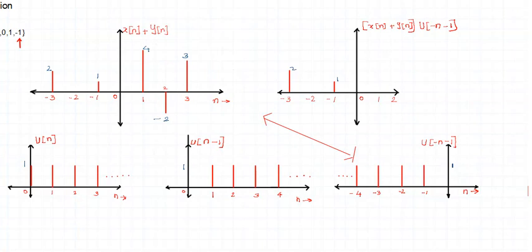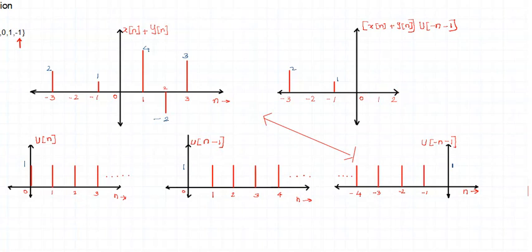Right? So at 1 there is no signal here. So 0 into 4 is going to be 0. At plus 2 there is no sample here. So 0 into minus 2 would be 0. At 3 there is no sample here. 0 into 3 is going to be 0. And so on. So that's why there is no sample on the right-hand side of the resultant product.